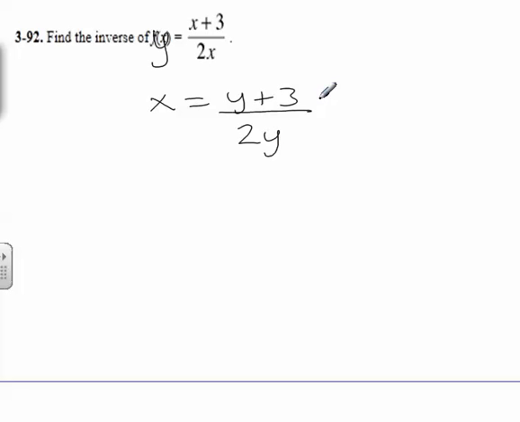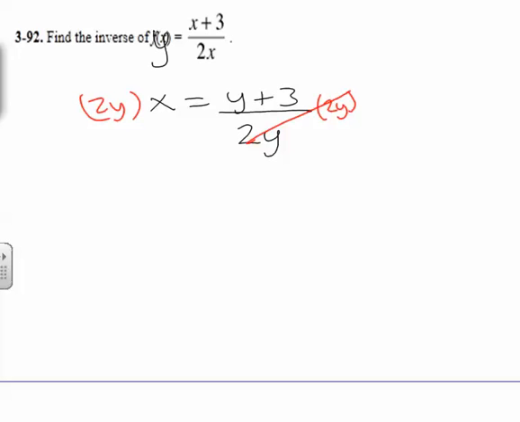So the first step, we'll multiply both sides of this problem by 2y. Here, let me switch colors to make the work clear. Okay, so we're going to multiply this side by 2y and this side by 2y. And that cancels.